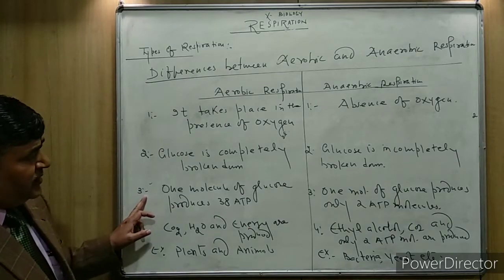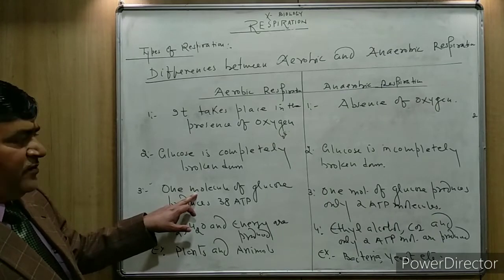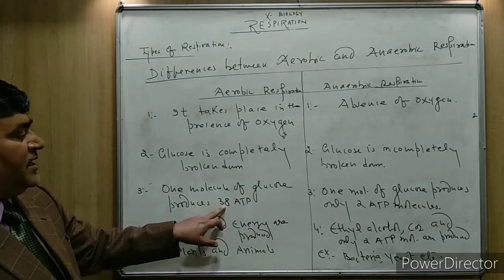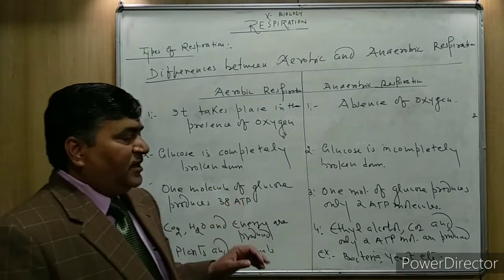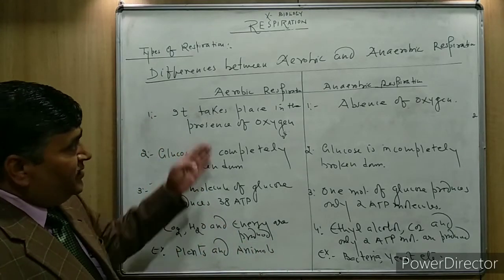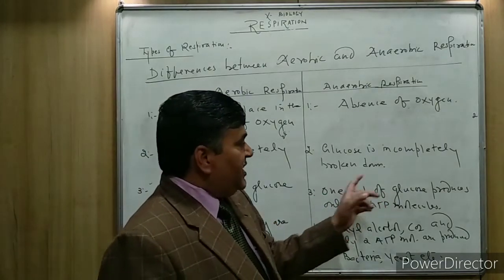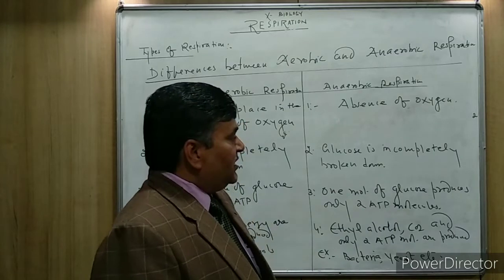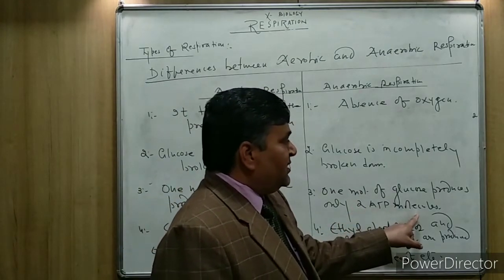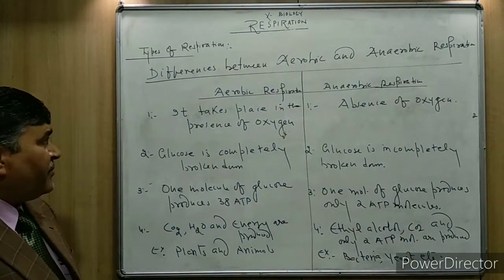The third one, when the glucose molecule is completely oxidized, one molecule of glucose gives rise to 38 ATP molecules. It means more energy is produced in the presence of oxygen in aerobic respiration, and when oxygen is absent, one molecule of glucose gives rise to only 2 ATP molecules. Means less energy is produced in anaerobic respiration.